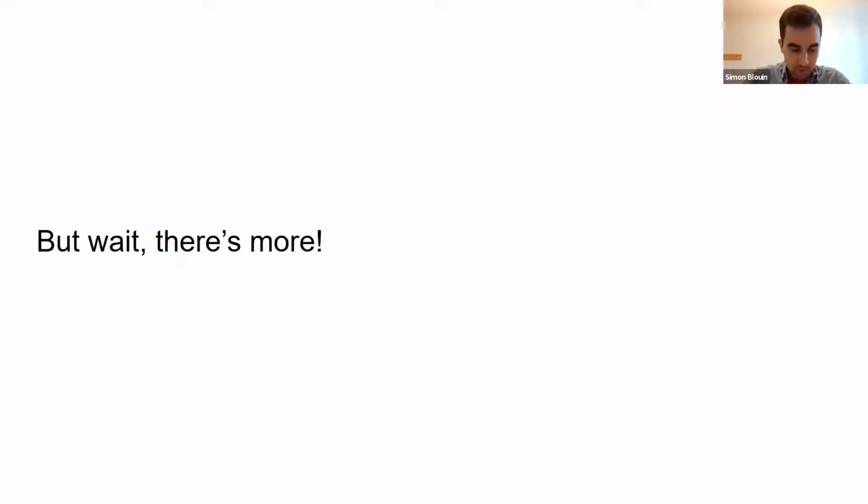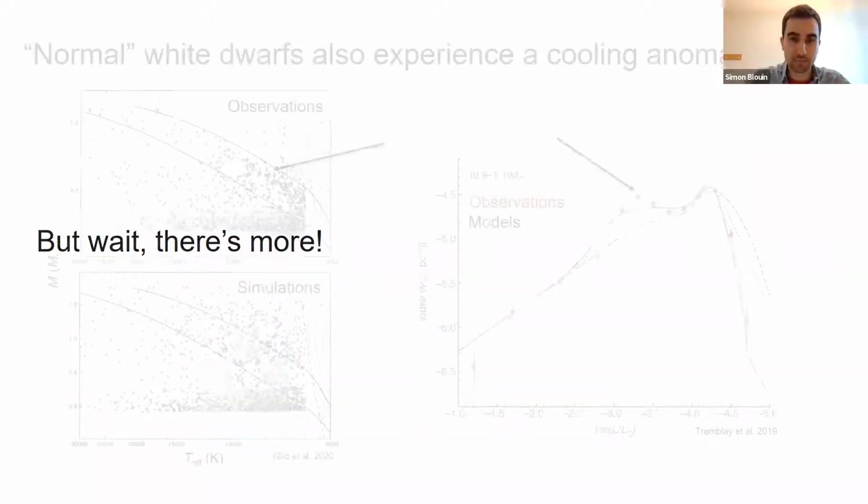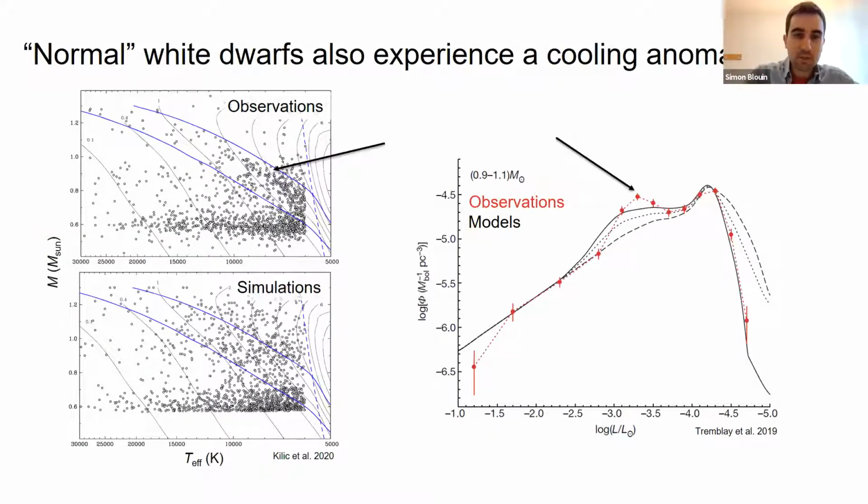But there is more to this process, and I think it's actually very important also for our understanding of the cooling of more standard white dwarfs, so not just the ultramassive white dwarfs. So it turns out that normal white dwarfs also appear to experience a kind of cooling anomaly. So I think it's best illustrated by this plot here from Killick et al. 2020.